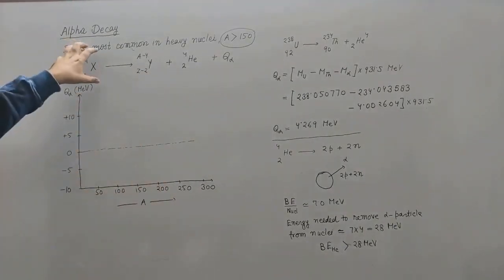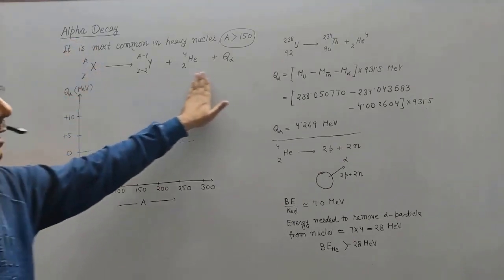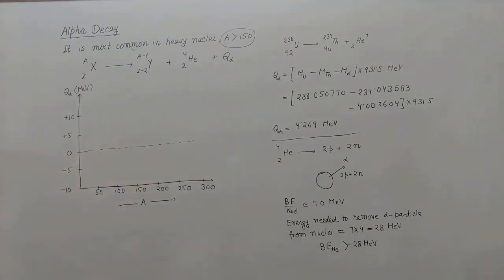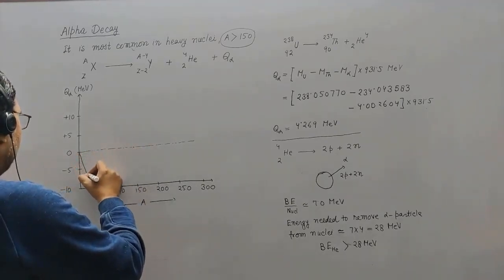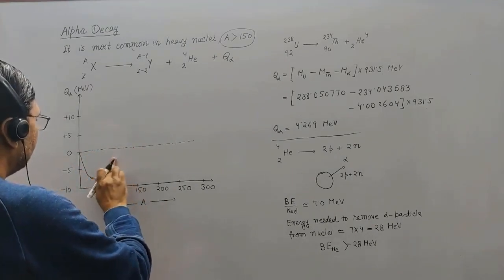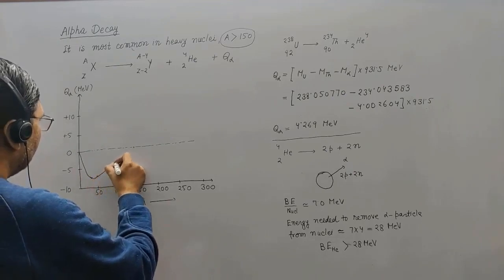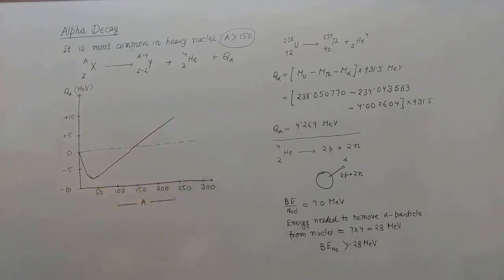We have to take different nuclei having different values of A, write this type of equation, calculate the Q alpha value, and plot that Q alpha value as a function of A. Then you are going to find out this type of plot.